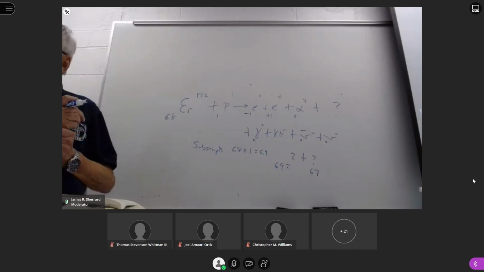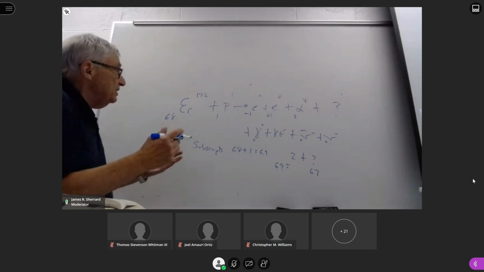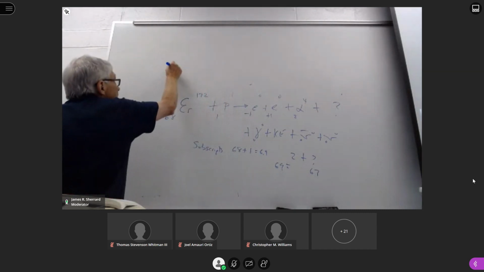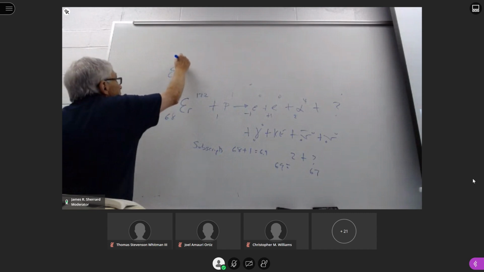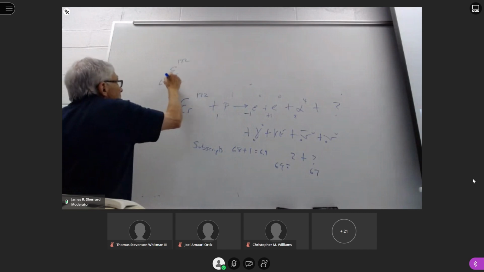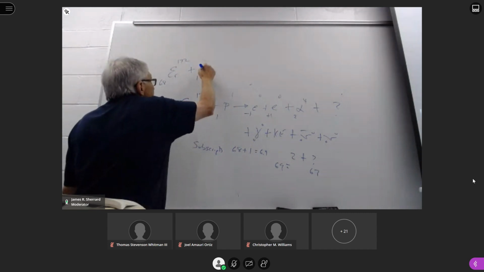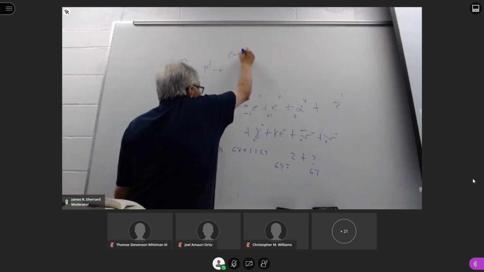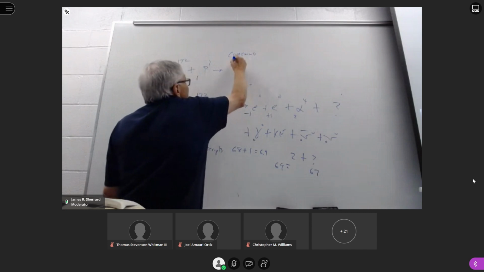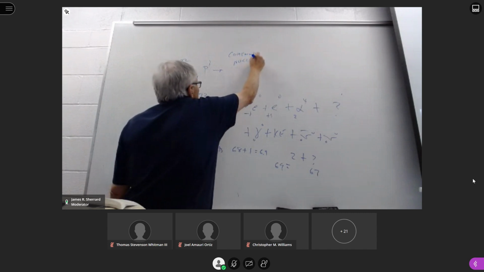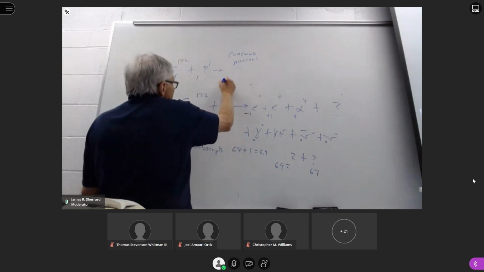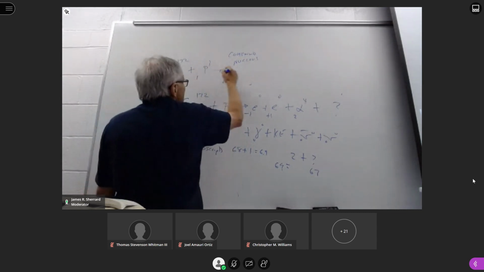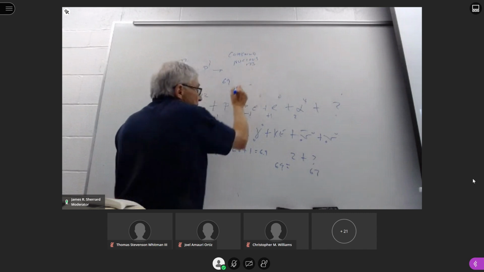I certainly would encourage you to do that. And if you did that, rather than draw this, you would have this is going to be our compound nucleus. The compound nucleus is going to be 69. The top is going to be 173.